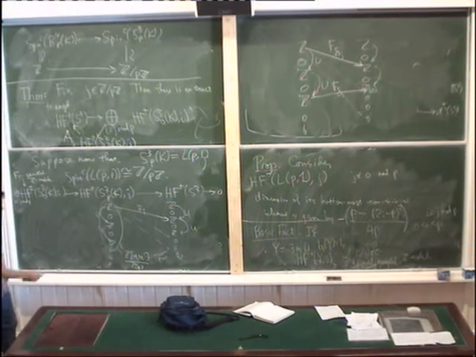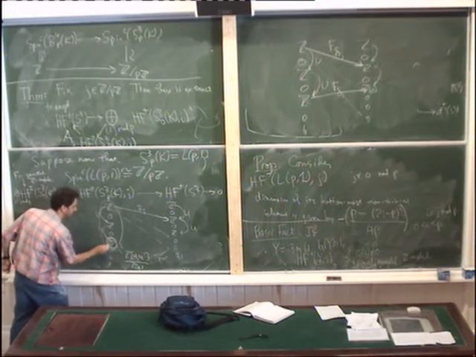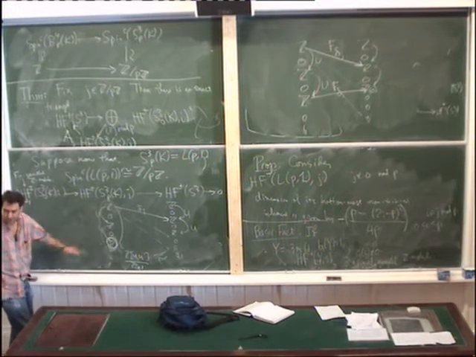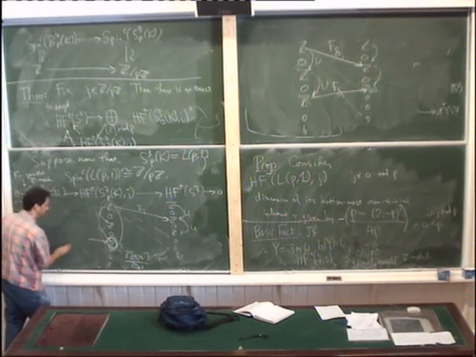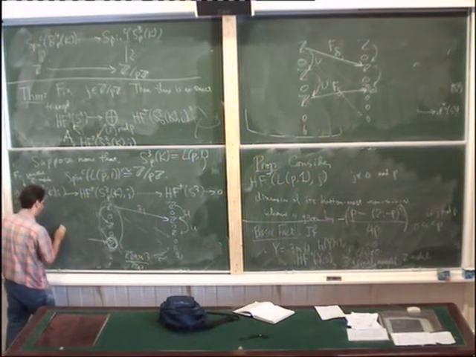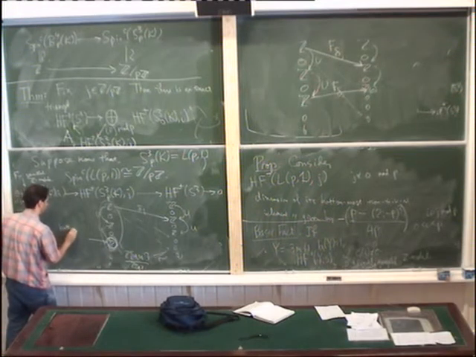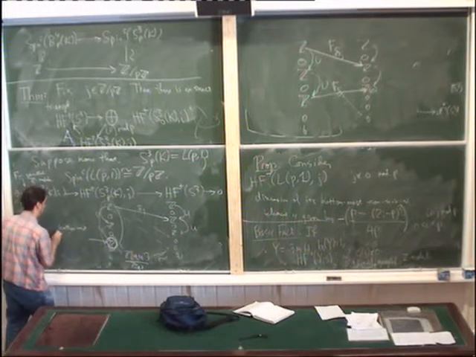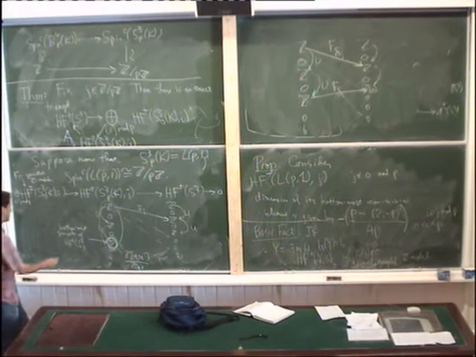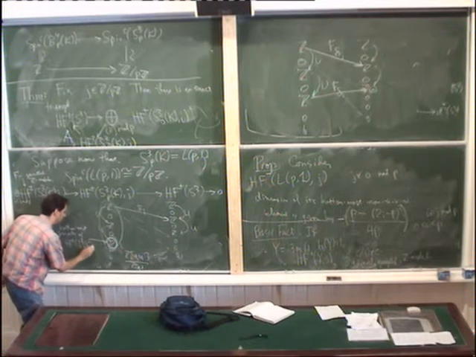Well, what we do is we take the bottommost generator here. Let's call that, this is a generator, the bottommost generator of HF plus of S3P of K in the J spin C structure.